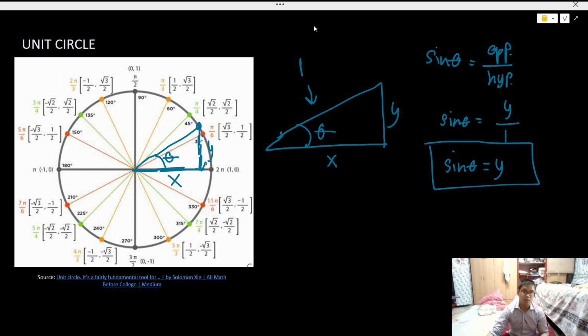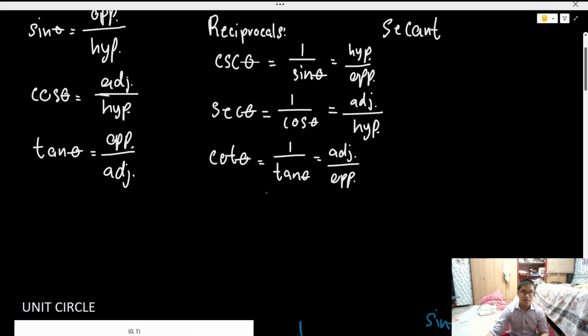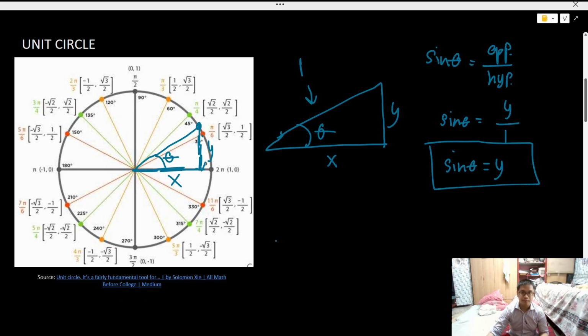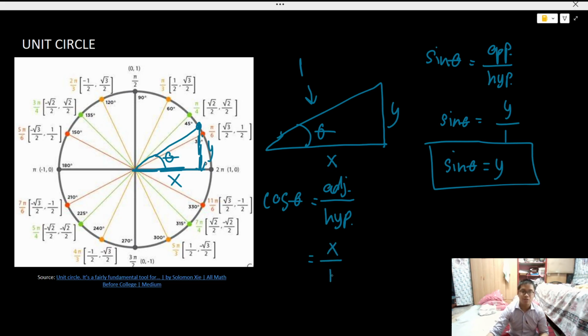Now, how about cosine theta? Cosine theta is adjacent all over hypotenuse. Your adjacent is your x because it is beside the angle, and your hypotenuse is 1.